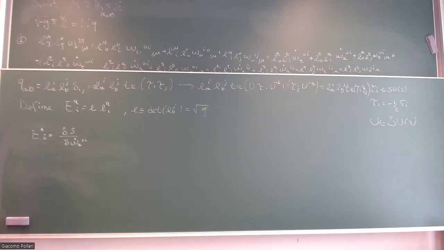The point is basically that when you are in the action, then the variables with dot and without dot are not really independent. So strictly speaking, it does not make sense.